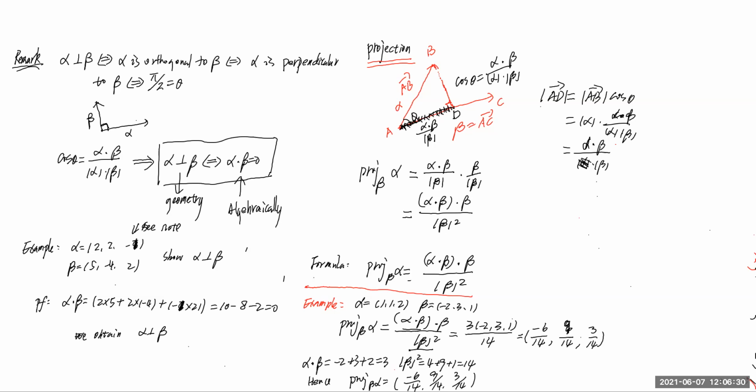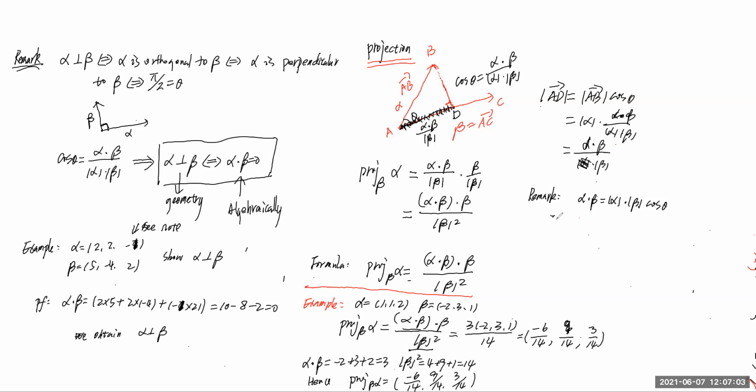So I think this is just what I prepared for today's class. And then maybe I should add something. We still have 4 minutes. So I write a remark. For the dot product, you can say alpha dot beta is the length of alpha times cosine theta.